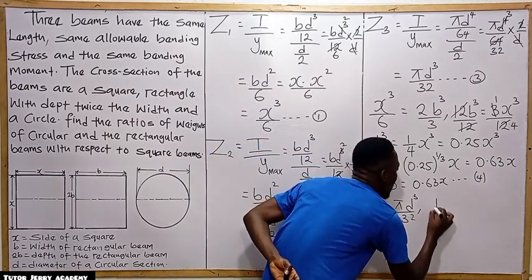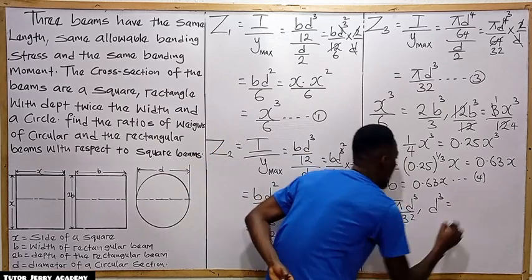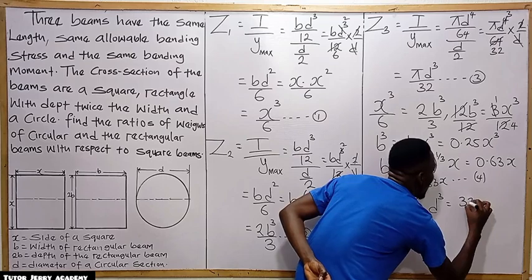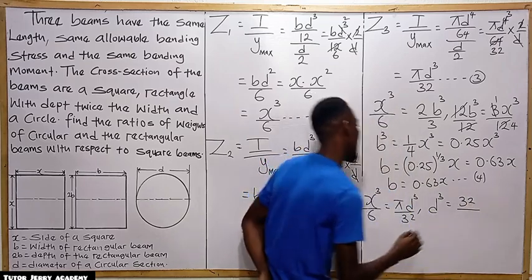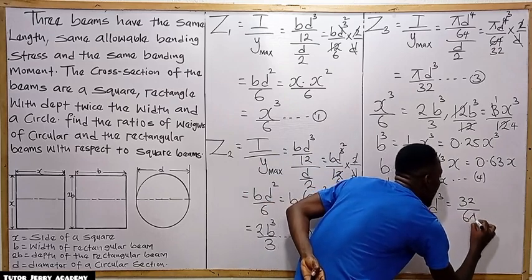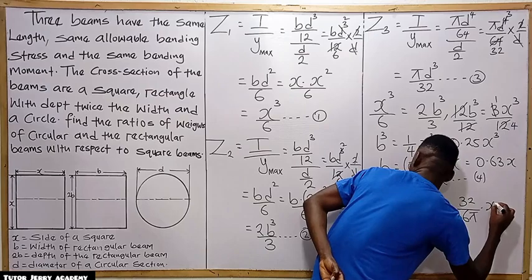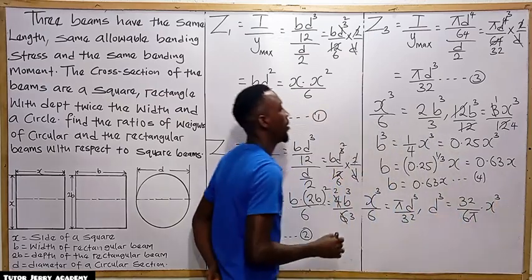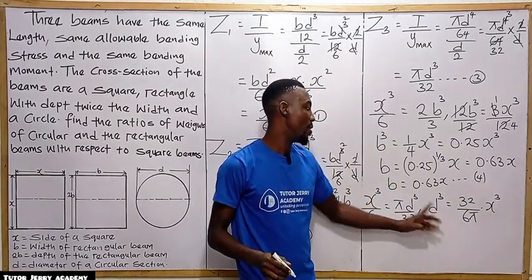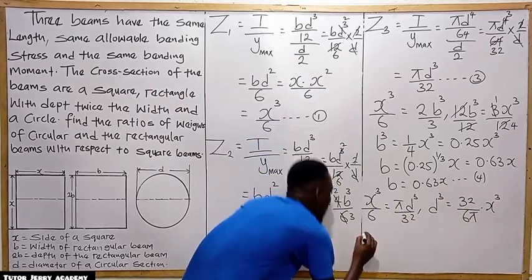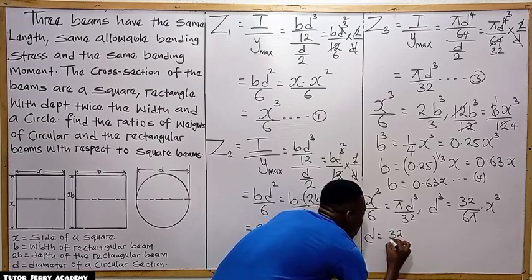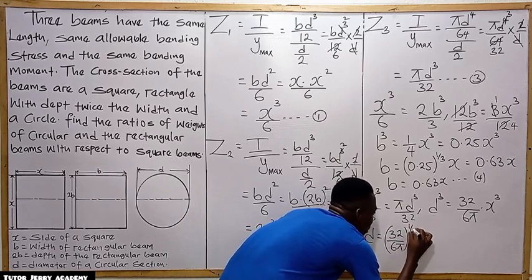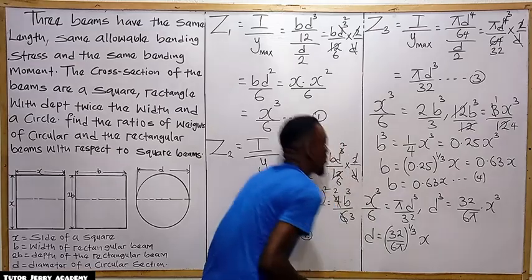So d to the power of 3 will be equal to 32 divided by 6 pi, then multiplied by s to the power of 3. Again, for us to get the value of d, we are going to take the cube root of both sides. So d will be equal to 32 all over 6 pi all to the power of 1 over 3 s.